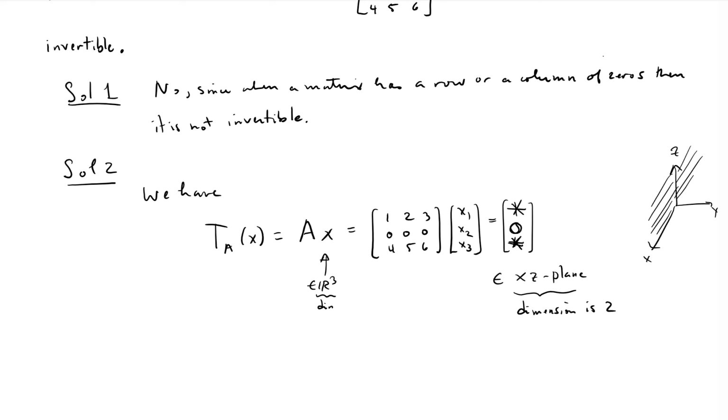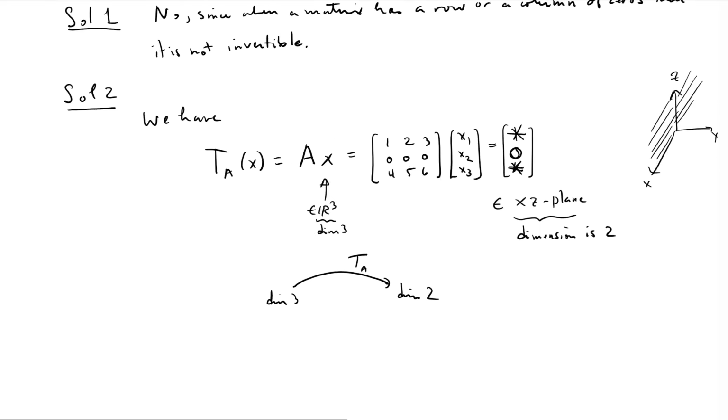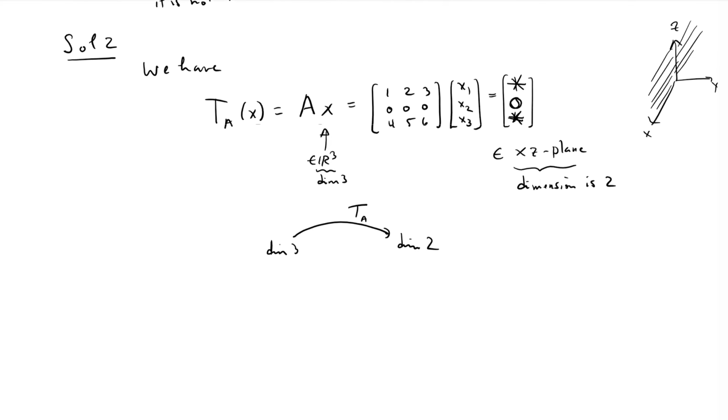R3 has dimension 3. So essentially, we start with a space of dimension 3, we apply T_A to it, and we end up with a space of dimension 2. As you remember from a previous comment, with a linear transformation, it's not possible to increase the dimension of an object by applying that transformation to that space.